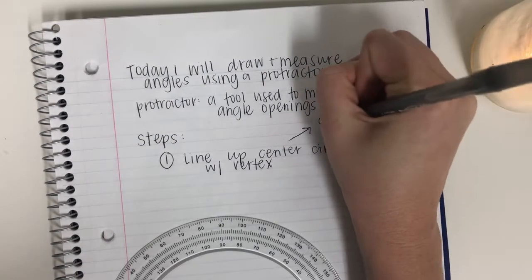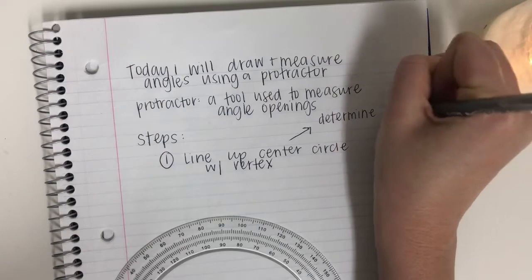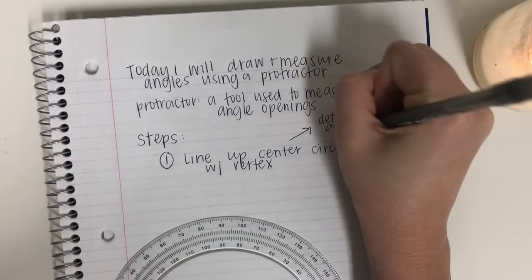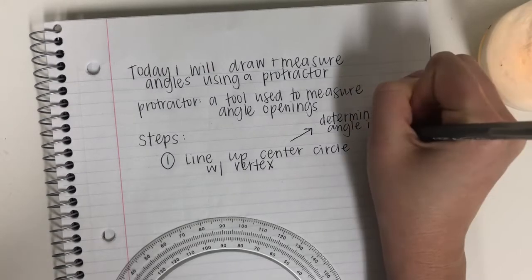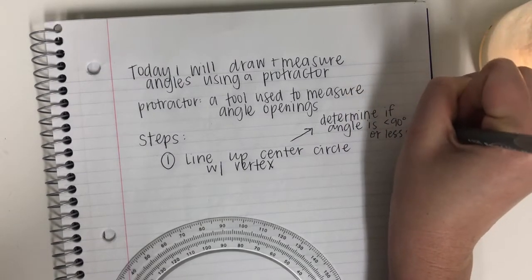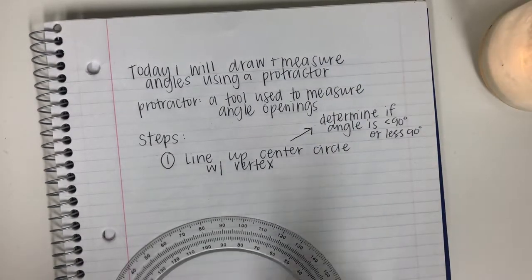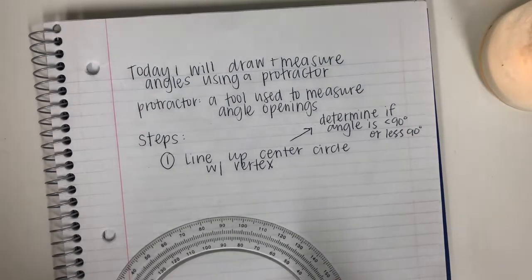Determine if the angle is greater than 90 degrees or less than 90 degrees. That will help you determine which line to use, your inner scale or your outer scale.